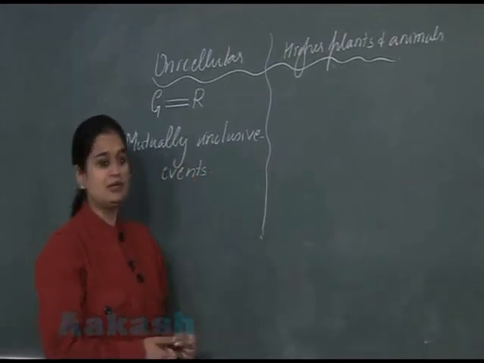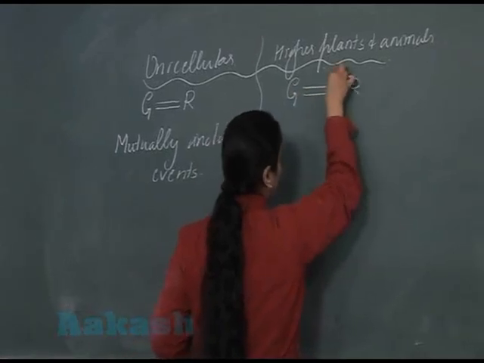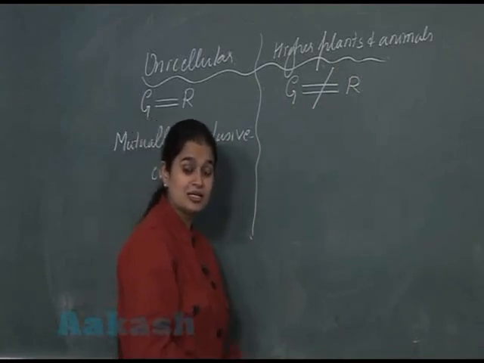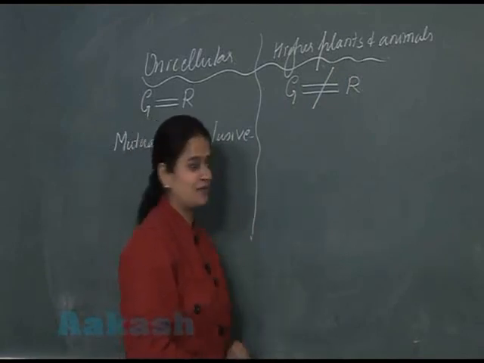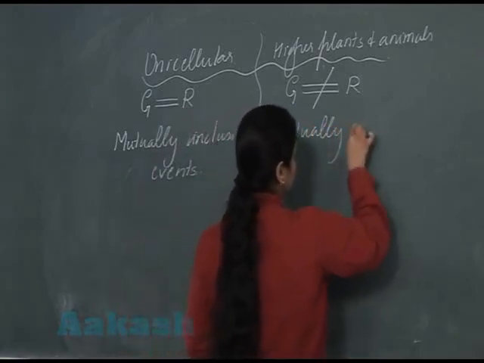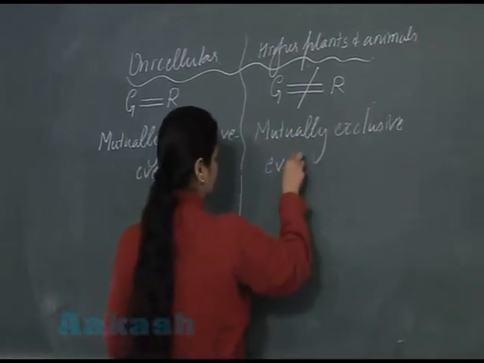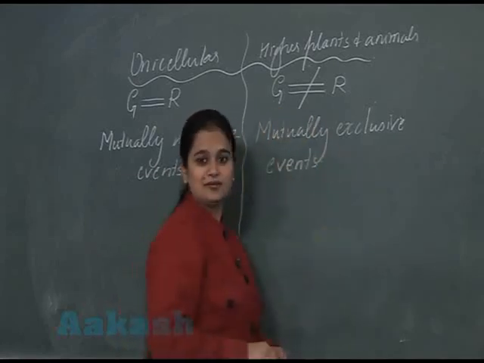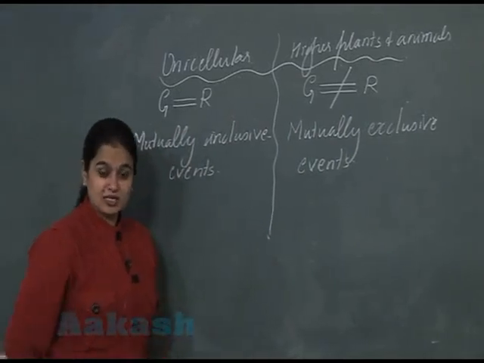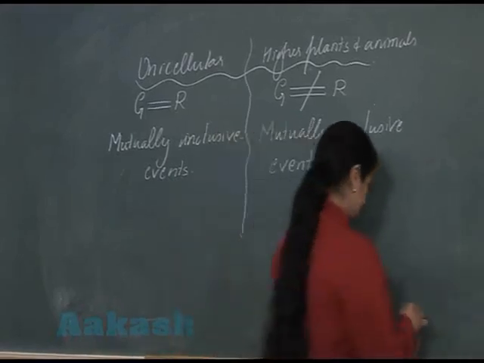So in the higher plants and animals, growth and reproduction are different. So now you are going to call it mutually exclusive events, right? Now after this, again the question whether it is a defining or non-defining feature.